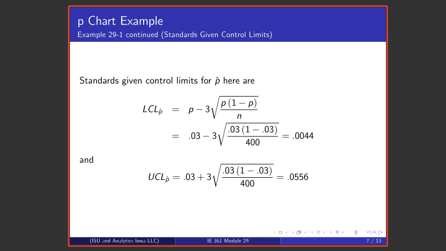And if one was going to do control charting for p hat here, making use of the standard value of 3%, the lower control limit for p hat is going to be 3% minus 3 square roots of 3% times 97% over 400.